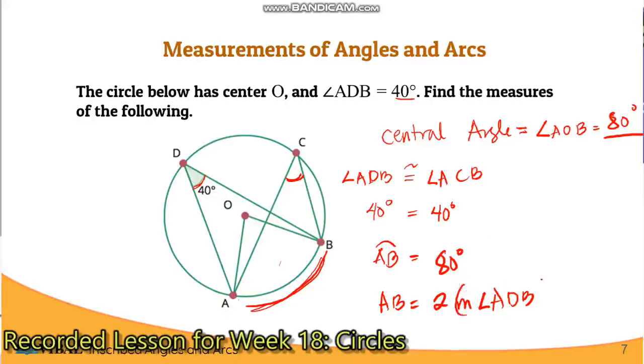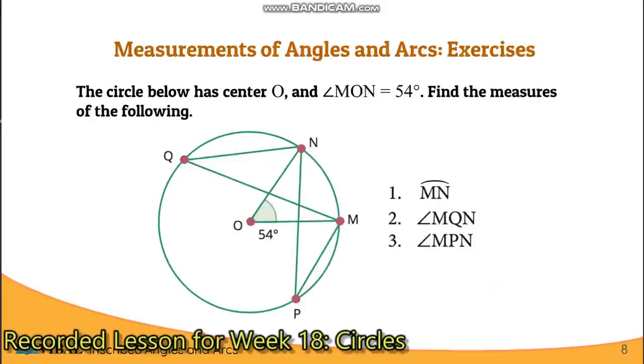Because the inscribed angle is half of the central angle or half of the intercepted arc. So if we are looking for the measure of the intercepted arc, it is 2 times our inscribed angle. That's for the measurement of angles and arcs.